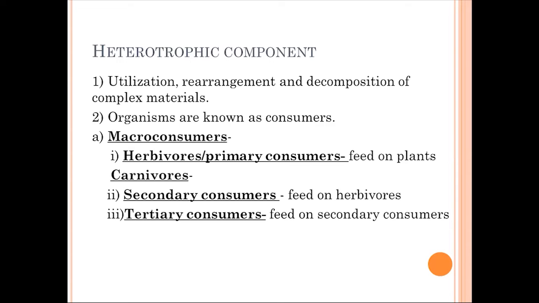The first ones are herbivores. They are also known as primary consumers. Now, why are they known as herbivores? Because they feed on plants. And since they are first to consume or feed on the food material that has been prepared, they are known as primary consumers.